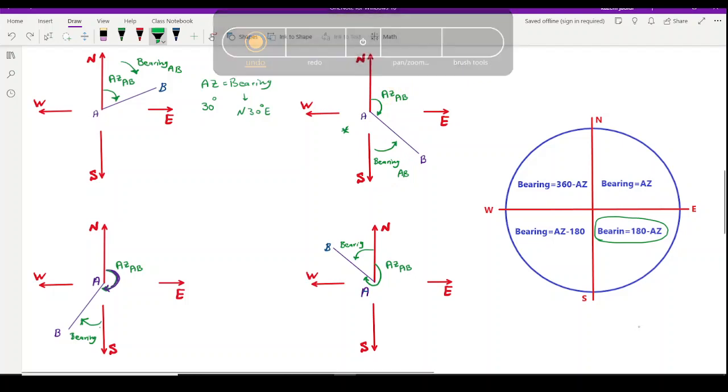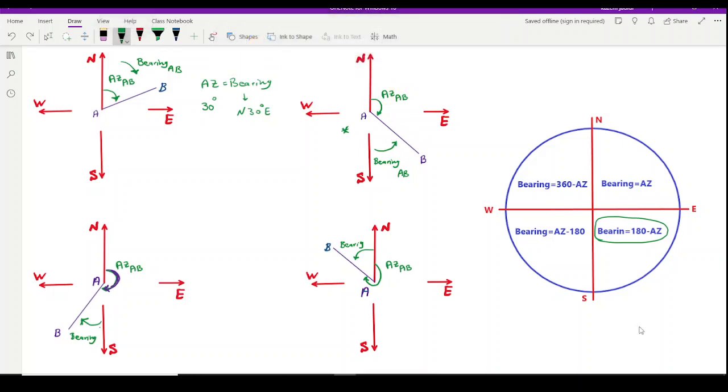That's our bearing. So if I write it, bearing is, like it's shown in the below circle, 180 minus azimuth. Let's say azimuth is 120 degrees, just one example. So bearing therefore is going to be 180 minus 120, and that's going to be 60 degrees.